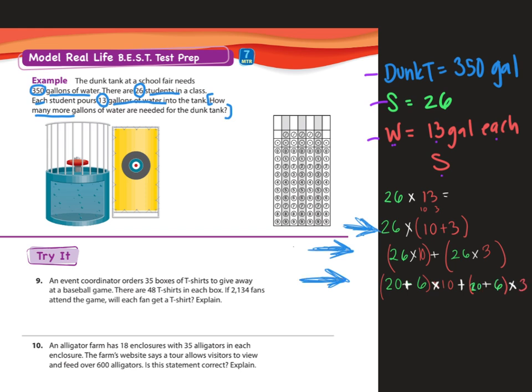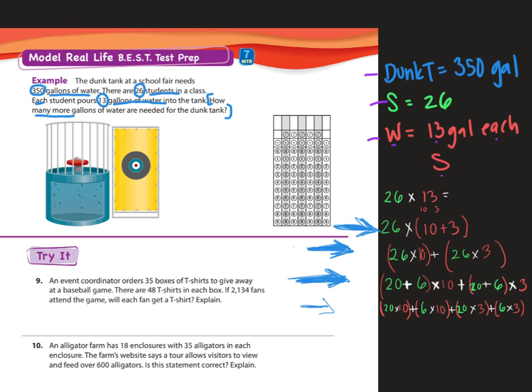Okay, I'm going to check in with myself again. I broke apart, then distribute, break apart, and now I need to distribute. I need to distribute the 10 to the 6 and the 20. So 10 times 6, 10 times 20. And the 3, I need to distribute it to the 6 and the 20. 3 times 6 and 3 times 20.